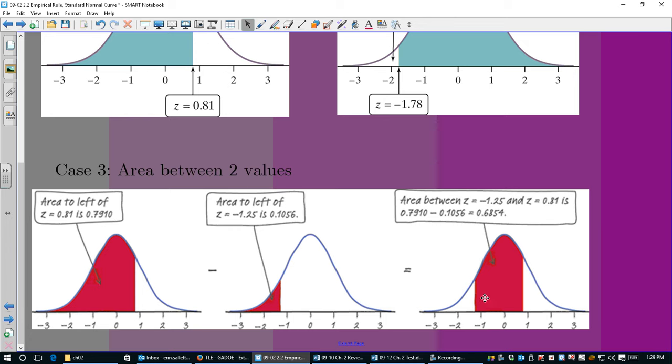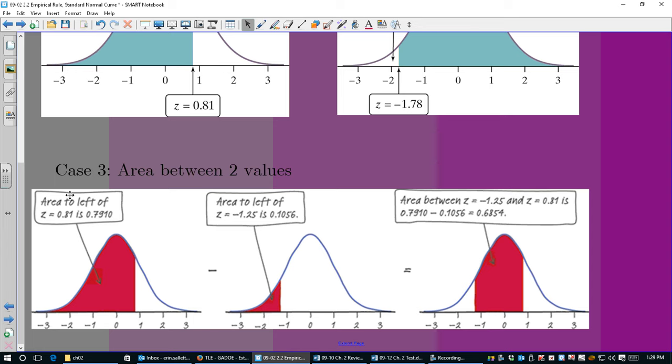But I want the portion that's between those two values. I see that the area to the left of a z-score of 0.81 is the entire piece. And I don't want the piece that is here. So I take the large piece and subtract from it the piece that I don't want, and I end up with the value between those two z-scores.